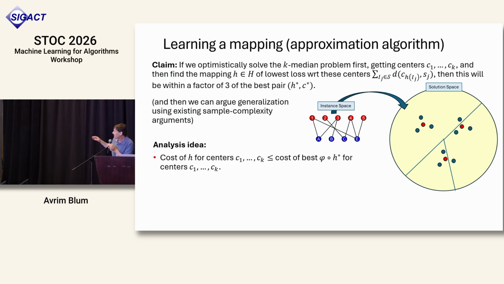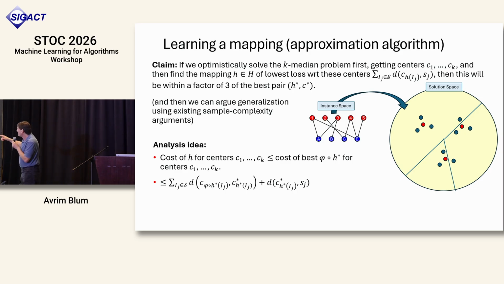What we really care about is H star of its own centers, C star. Okay, well, phi of H star for these centers, you can think of as first going from these centers to its own center, and then from its own center to the actual solution to the problem instance it's trying to solve. So that's a triangle inequality there.